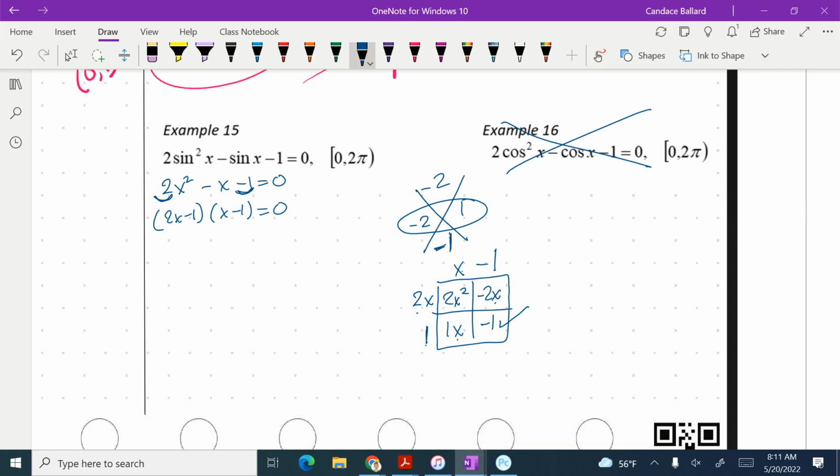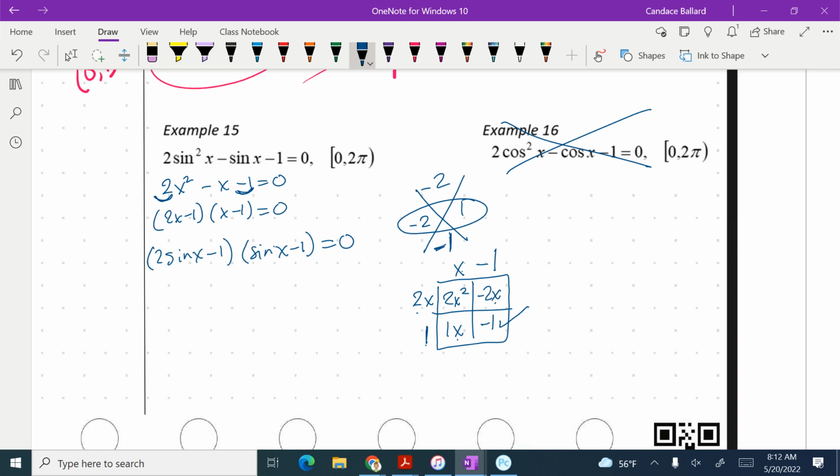But that wasn't the problem we were trying to solve, right? What do we need to replace those x's with now? Sine. So we've got 2 sine x minus 1 times sine x minus 1 equals 0. What property do I need to apply?